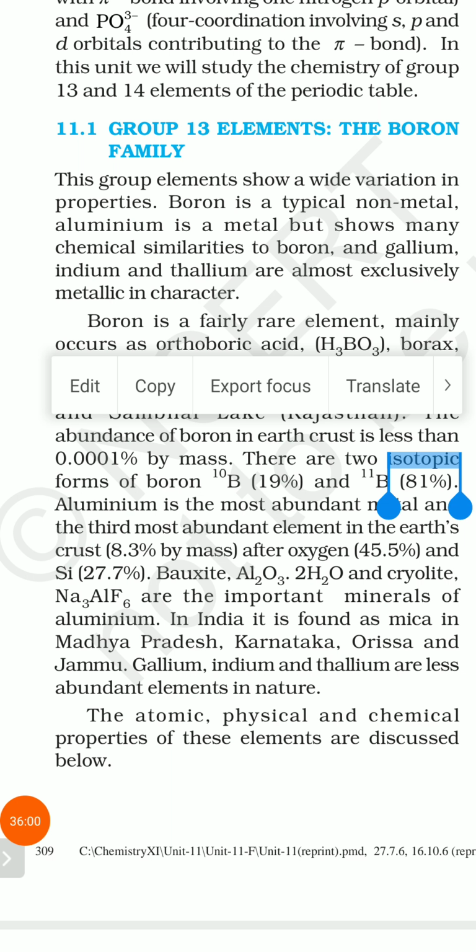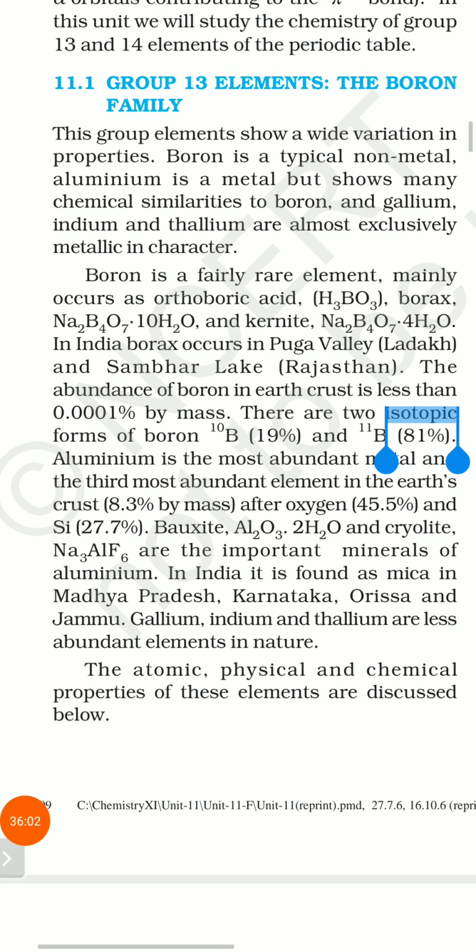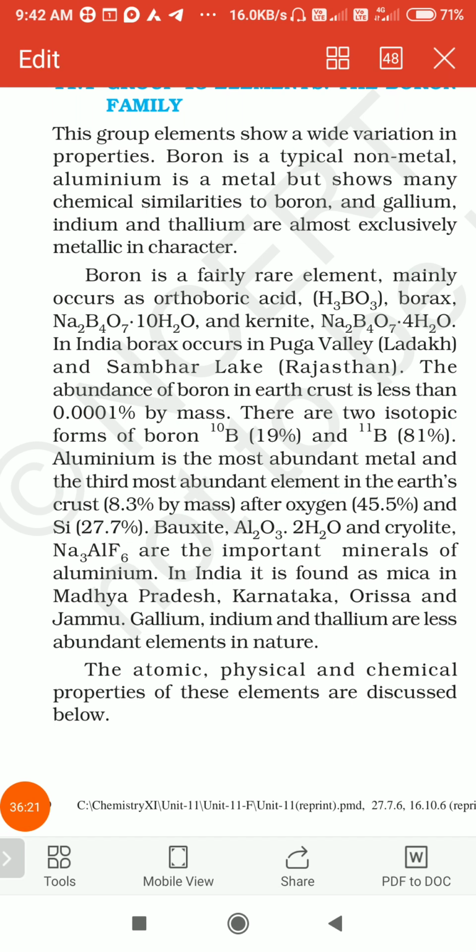Isotope is nothing but the same atomic number but a different mass number. Those elements are called isotopes. So boron forms two isotopes, one is B10 and another one is B11.